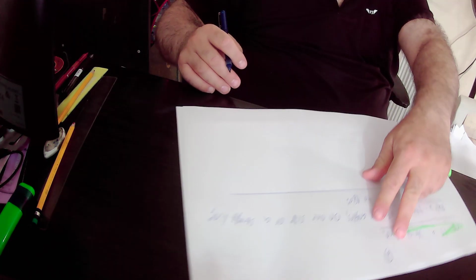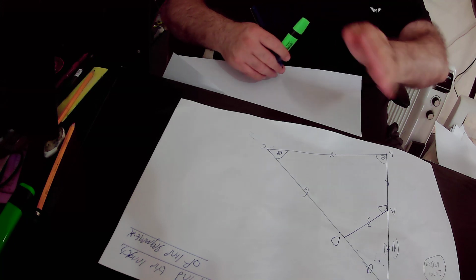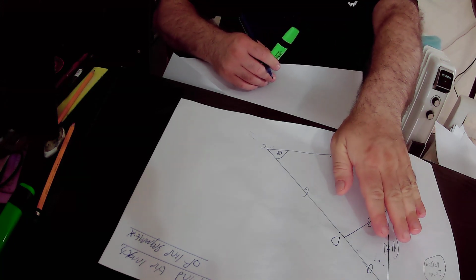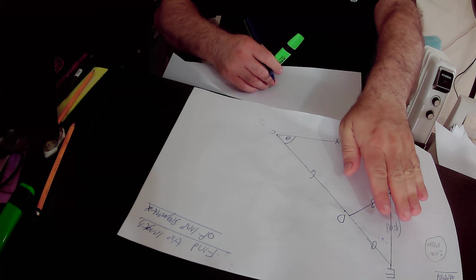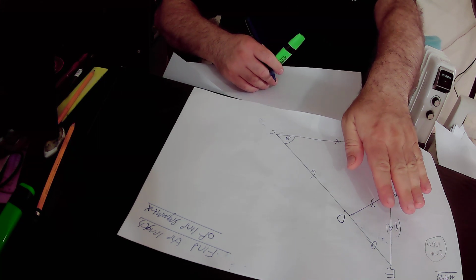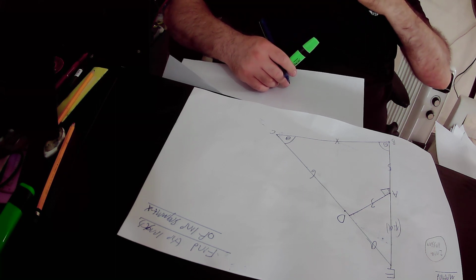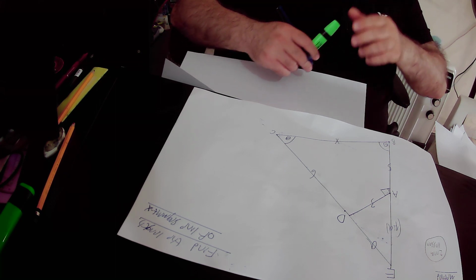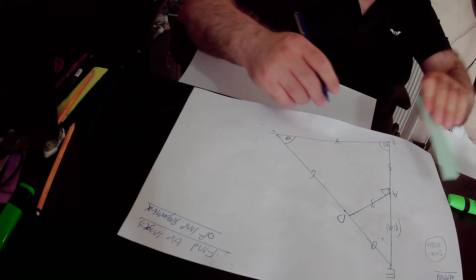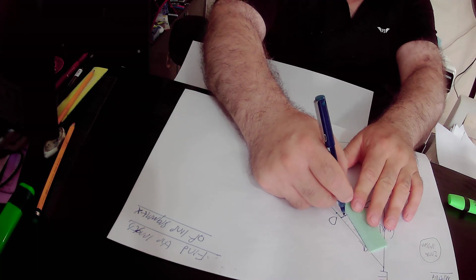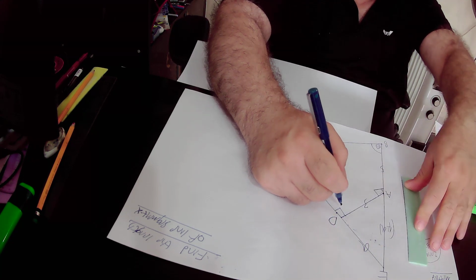So if you focus on this side of the straight line EC, it's point D, then this equals 90 degrees according to what is given in the question.